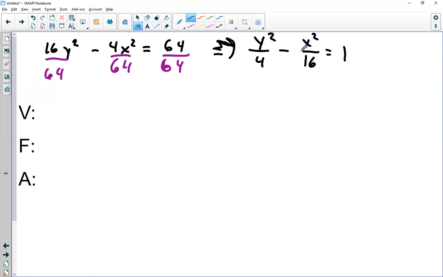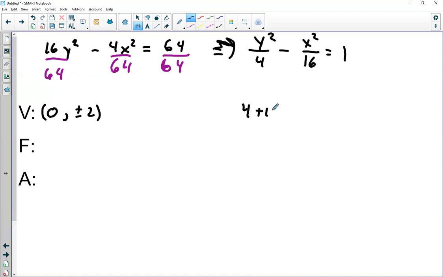Once it looks like that, then we just do our standard stuff that we did in the previous question. The vertex is based off the positive one, and it's on the y, so it's 0, comma, plus or minus 2. The focus on this one's going to be really hard to make clean, so I apologize. I don't think I can make this one clean, but it's going to be a squared plus b squared equals c squared.